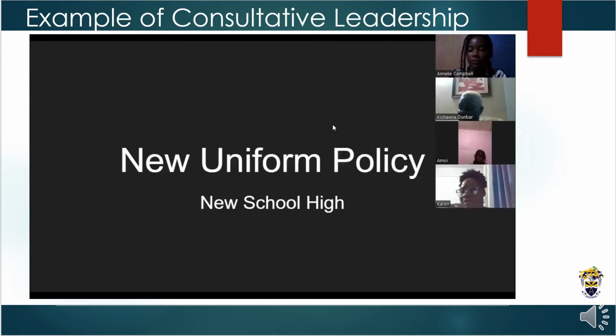I would want to suggest that we put the skirt 10 inches below the knee. I think that is more reasonable, and that is something that maybe the parents would also agree to.